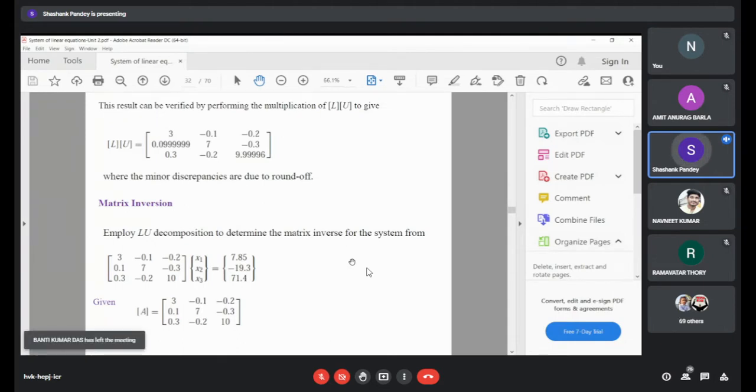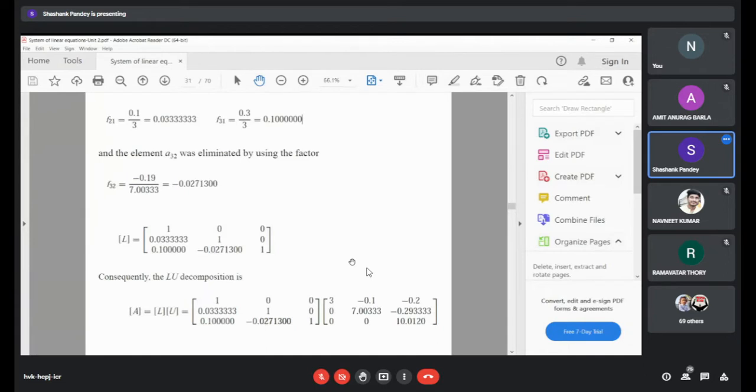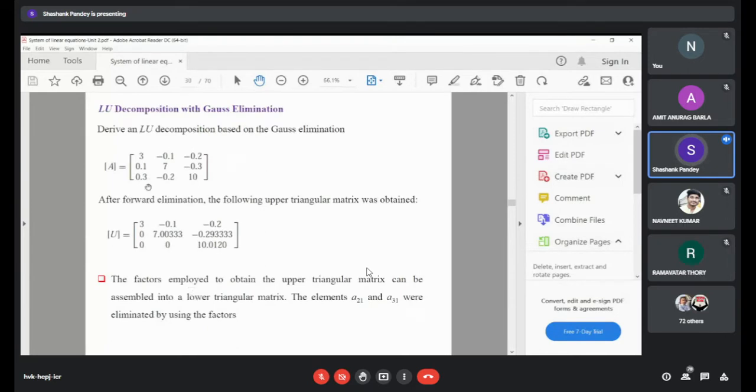Up till now, is there anything we need to discuss? If you multiply these two terms, that is L into U, we will get the original set of equations A, which was there on the slide. Let me show you.